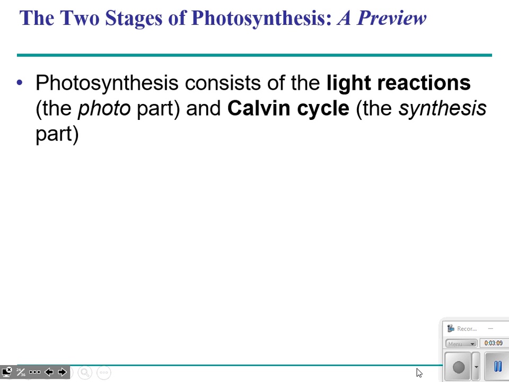Okay? So, could I use interchangeably the Calvin cycle and the dark reactions? Yes, I could. So the 2 parts: the photo part, the light reaction, and the synthesis part, the Calvin cycle.